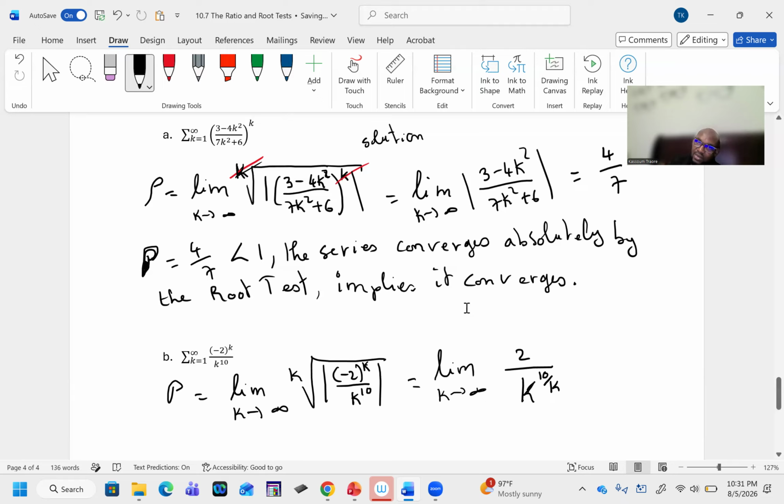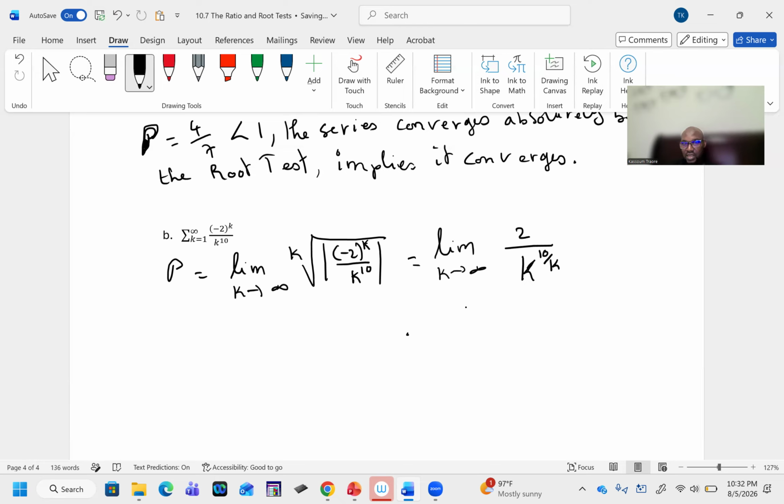So let's go step by step. This will be the limit of 2 divided by k to the power of 1 over k, all to the power of 10, as k approaches infinity. We know the limit of k to the power of 1 over k as k approaches infinity is equal to 1.